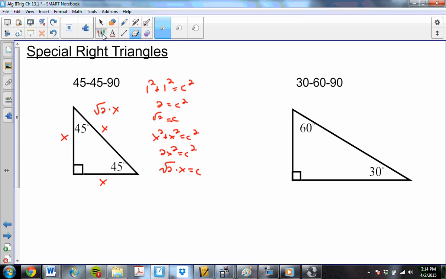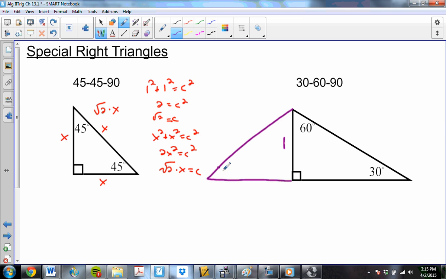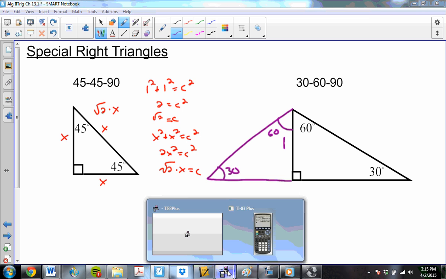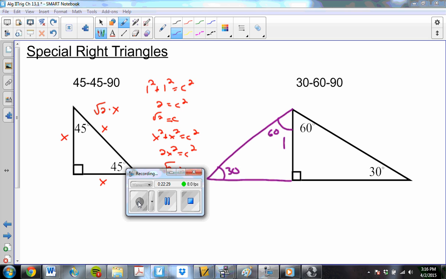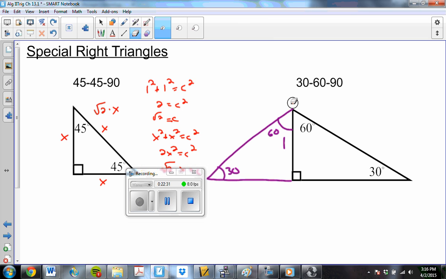So let's say the smallest length here is a 1. Well, this 30, 60, 90 is kind of half of an isosceles. If I draw the other half of the triangle over here, this would be 30, and this would also be 60. Let's actually not worry about this other triangle for 1 second.